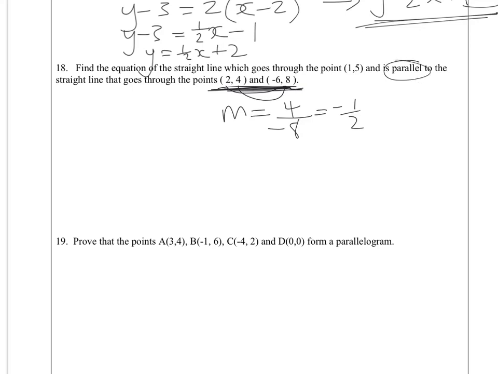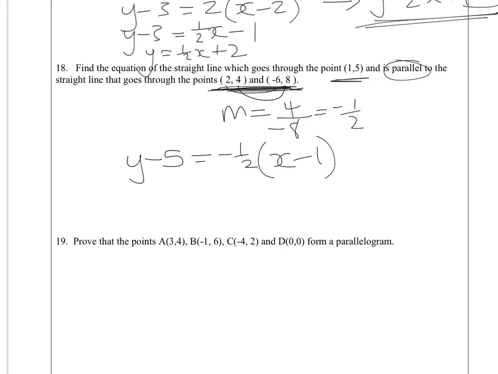So we know it's parallel, so it's the same gradient, and it goes through 1, 5. So y minus y1, which is 5, equals gradient times x minus 1. y minus 5 equals, actually I want to change that. I'm going to do the general formula just to change it up.